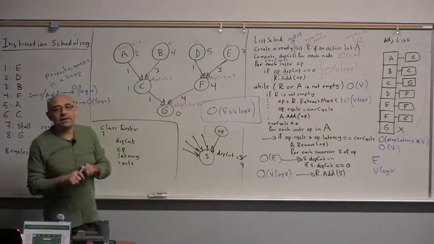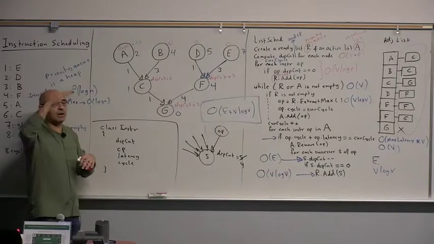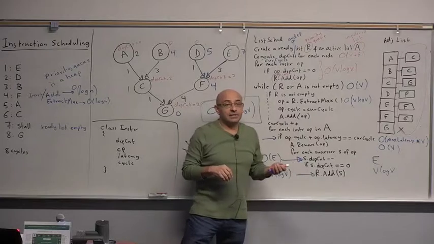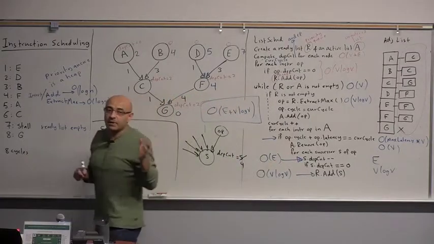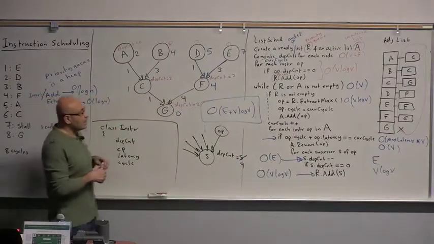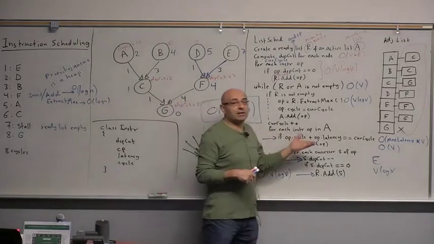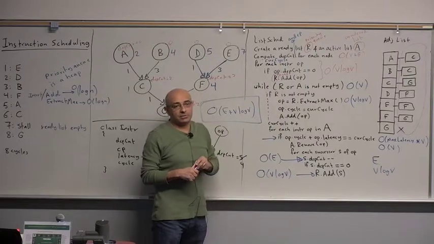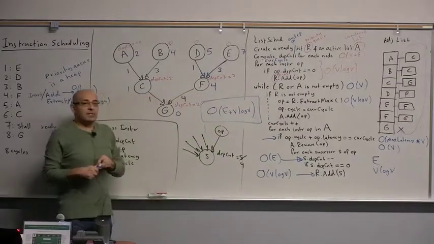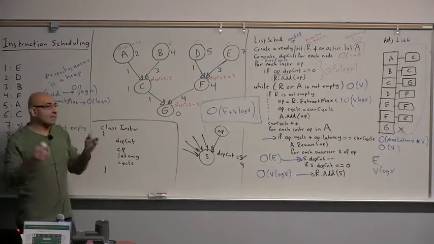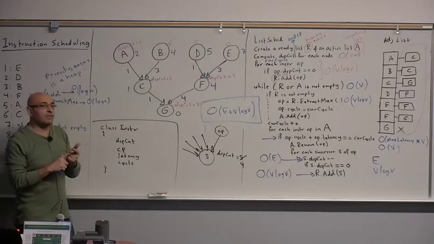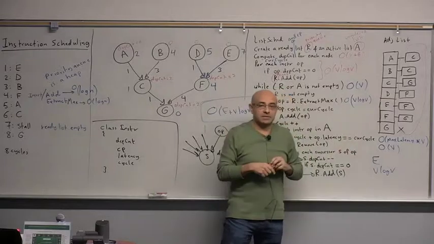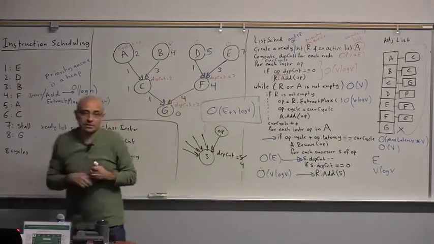The front end of the compiler is built on theory of computation, and the back end, all of these graph algorithms, are built on algorithms. The foundation of computer science is algorithms, data structures, and theory of computation, and everything else, including compilers, is built on top of these.